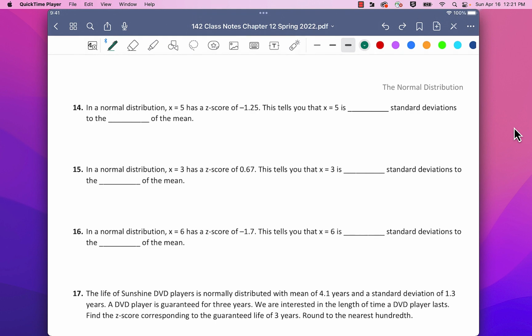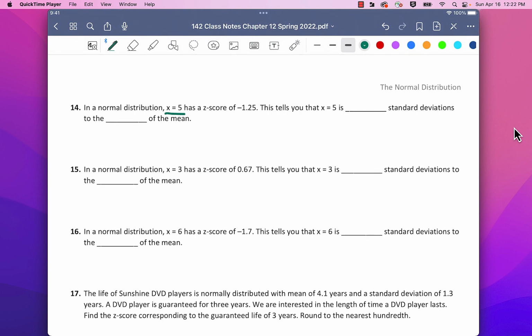The first part is just the distance. How far away is this data value from the mean? We'll just look at the numerical part, the absolute value of our z-score. So it's 1.25 standard deviations. And then the second blank is our direction. Is it going to be to the left or to the right? Since we have a negative value here, this is going to be to the left of the mean.